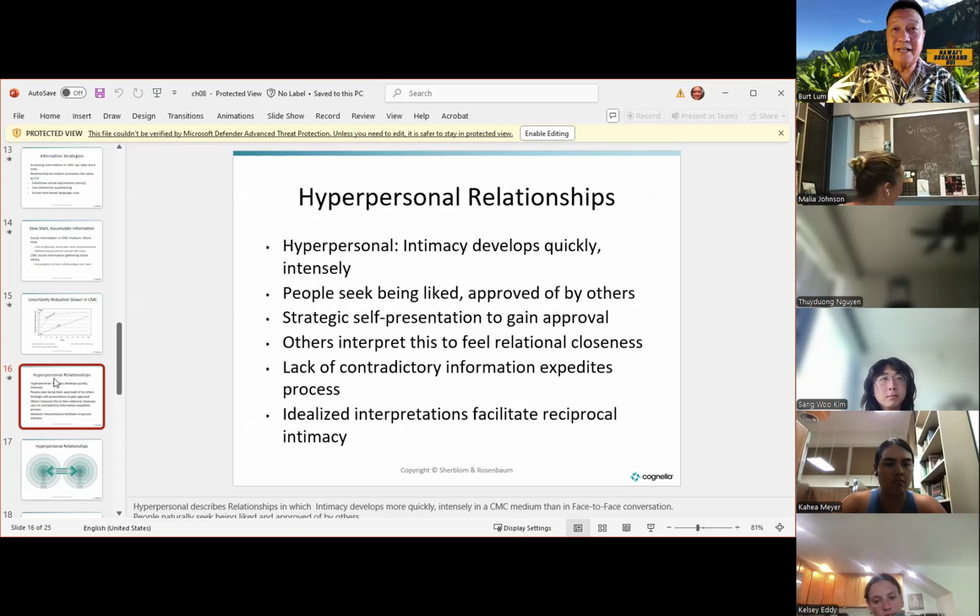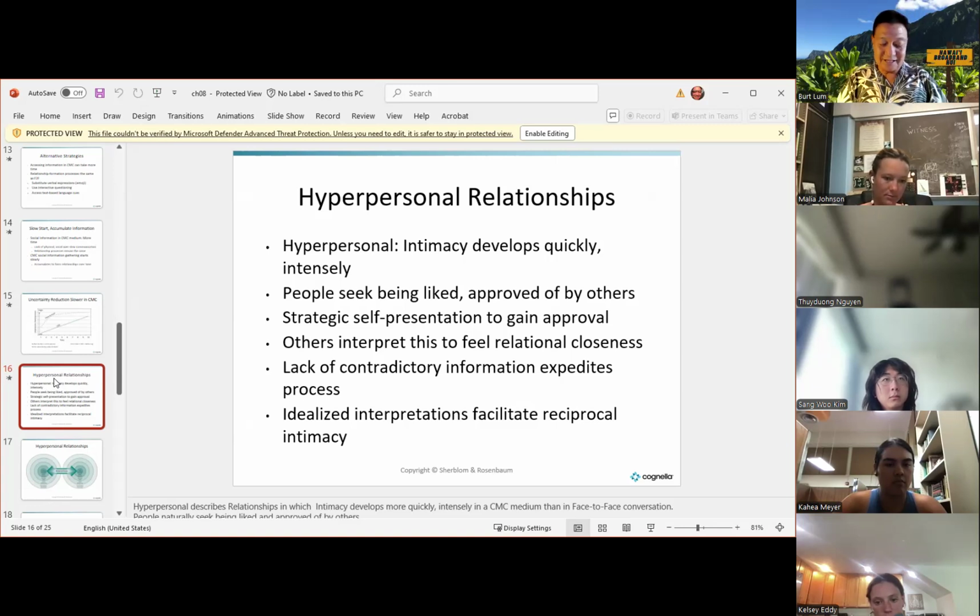Strategic self-presentation to gain approval. So the example is like Instagram. I figure a lot of you are on Instagram, and the Instagram environment is pretty curated by yourself, right? You want to present what you feel is a highlight of whatever you're putting out.